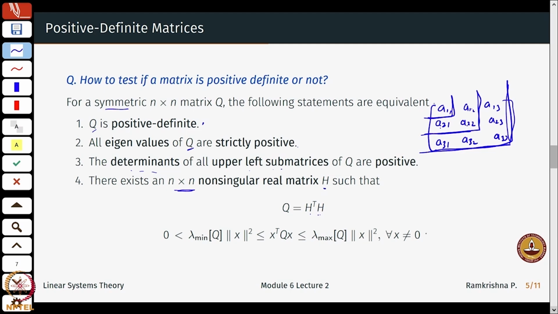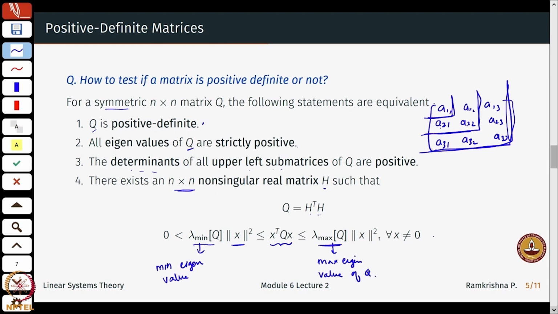A final property, which again I will not do the proof of, but we will use extensively, is that given a matrix Q, X transpose Q x, right, which will be greater than 0 when Q is a positive definite matrix, will be lower bounded by lambda min Q times the norm of x square and upper bounded by lambda max Q. So, this is the minimum eigenvalue, and this is the maximum eigenvalue of Q. Okay.